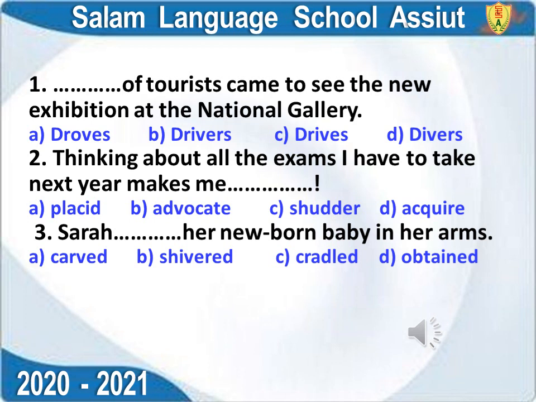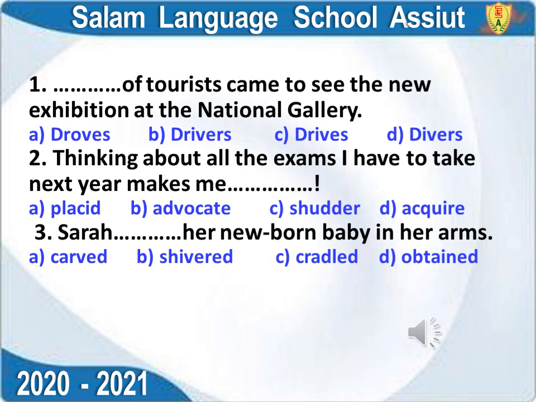Number 2. Thinking about all the exams I have to take next year makes me, and tell me the answer. That's right. Makes me shudder. This means that I feel frightened, afraid, worried about this.